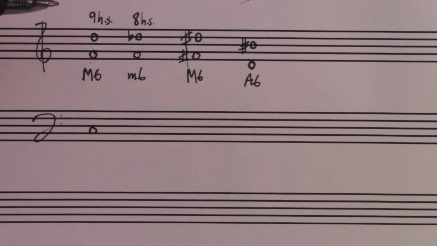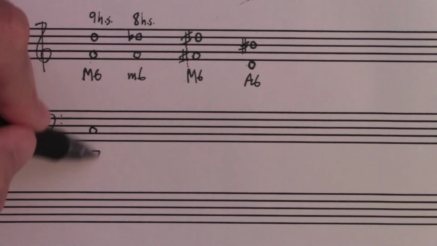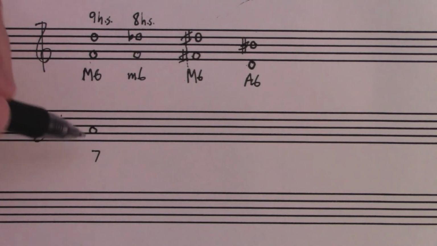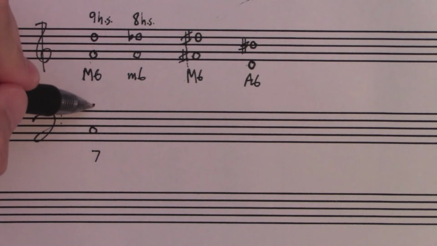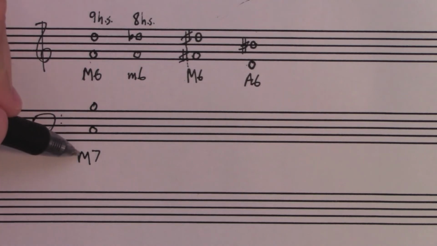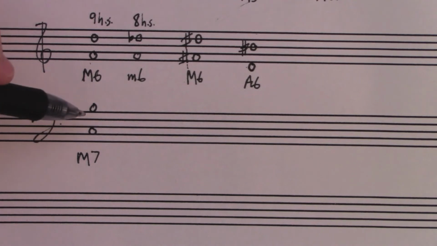Here's a C. And what's a 7th above C? Again, just do letters. C, D, E, F, G, A, B. That's a 7th. And that particular 7th is a major 7th. C to B is a major 7th.